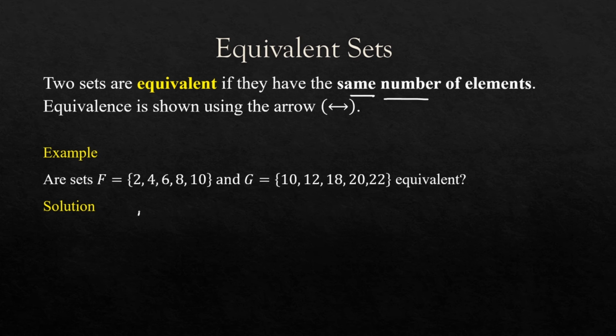So you could start by saying that F doesn't equal G. But look at the cardinal number of F. The cardinal number is 5. And the cardinal number of G is also 5.